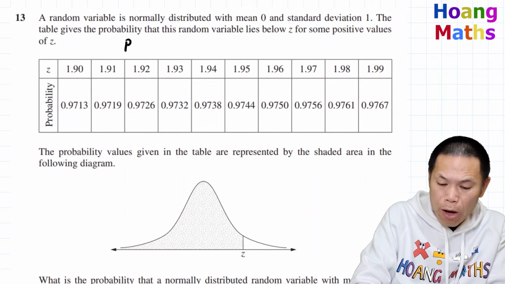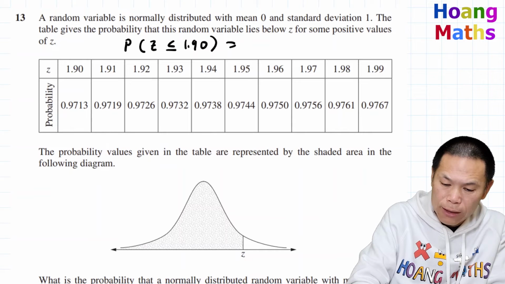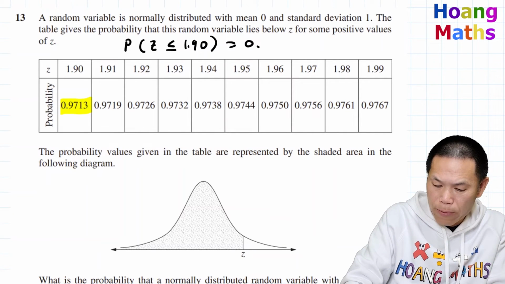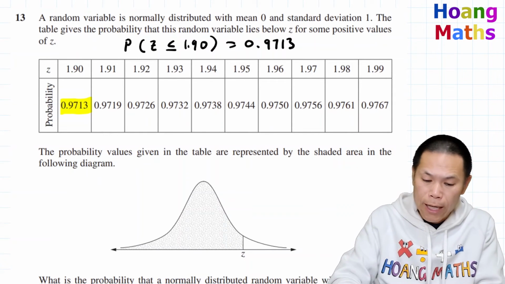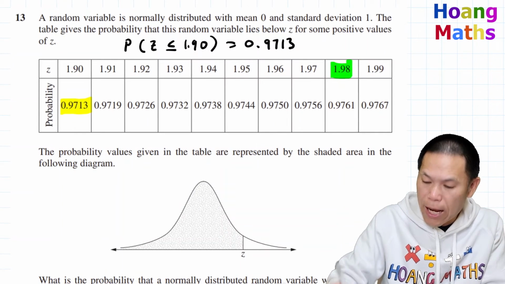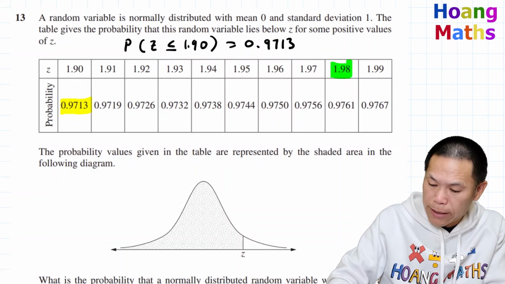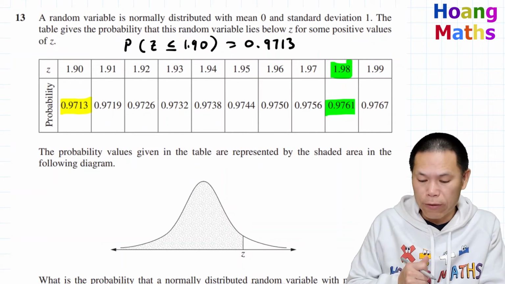If we have the probability of Z less than or equal to 1.90, this will give us 0.9713. So if we want to work out the probability that Z is less than 1.98, the probability is this. So keep that in mind. Okay, we need to understand how it works first.